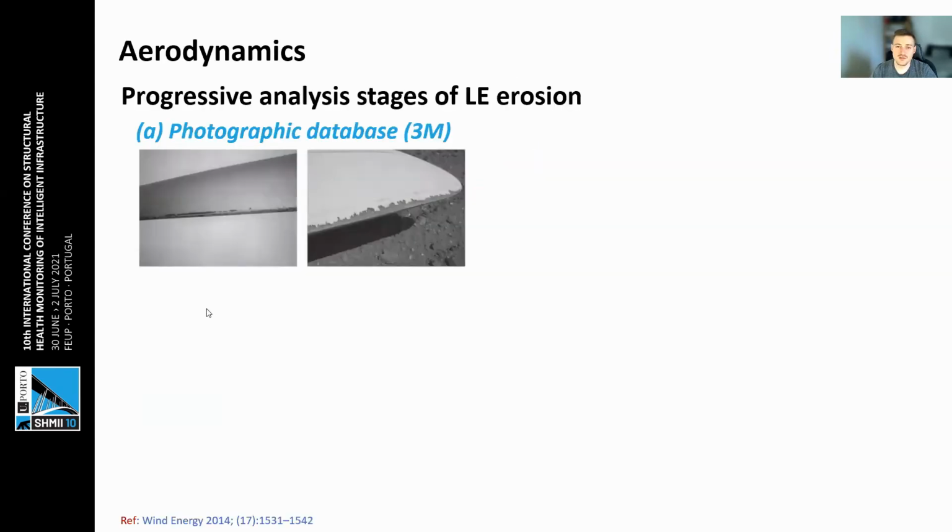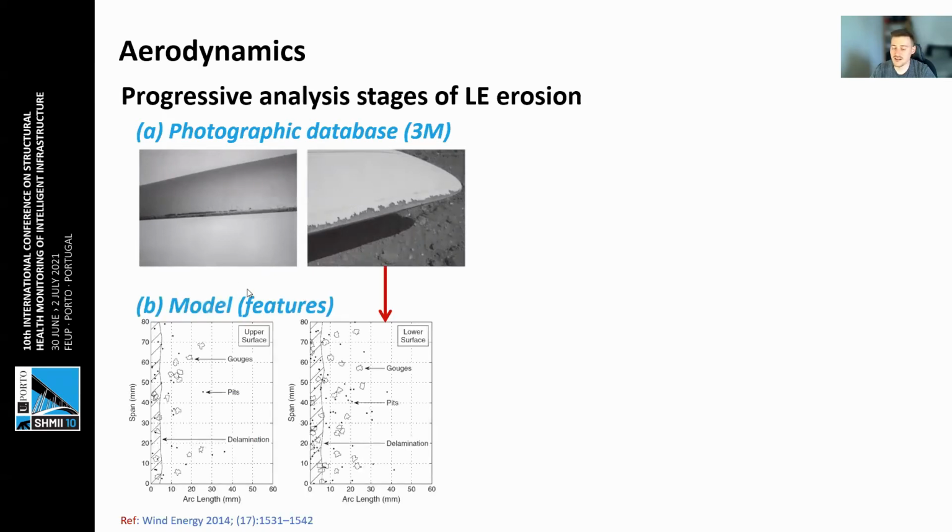So to start off with building our model, we decided to take a look at an existing database of wind turbine blades with degraded leading edges. In this work by Sareen et al., the features of the progressive degradation are captured and categorized.